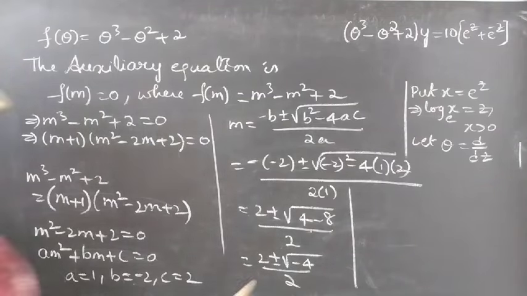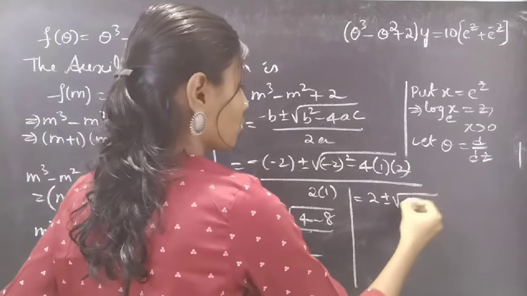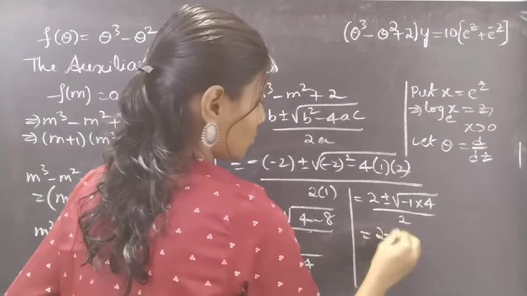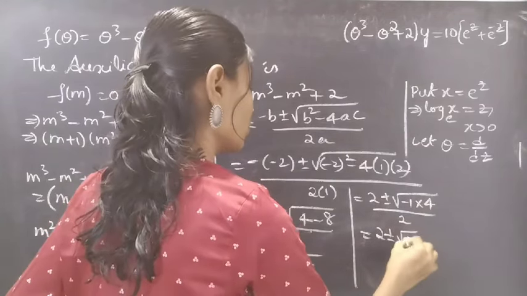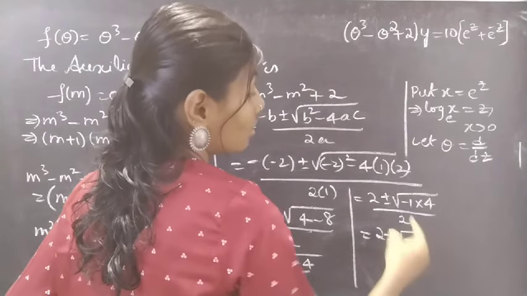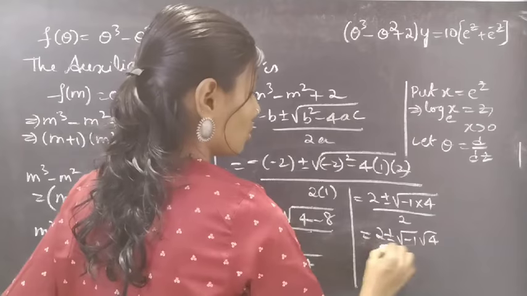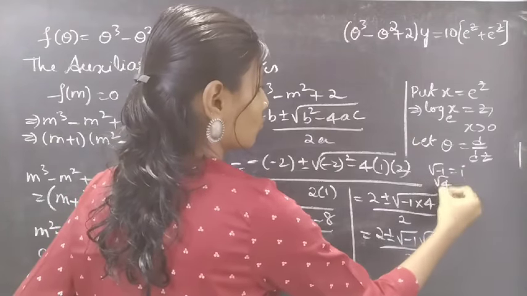Right, we can write minus 4 as square root of minus 1 into 4 by 2. Again split: square root of minus 1 into 4 as square root of minus 1 into square root of 4. We know that square root of minus 1 is i and square root of 4 is 2.